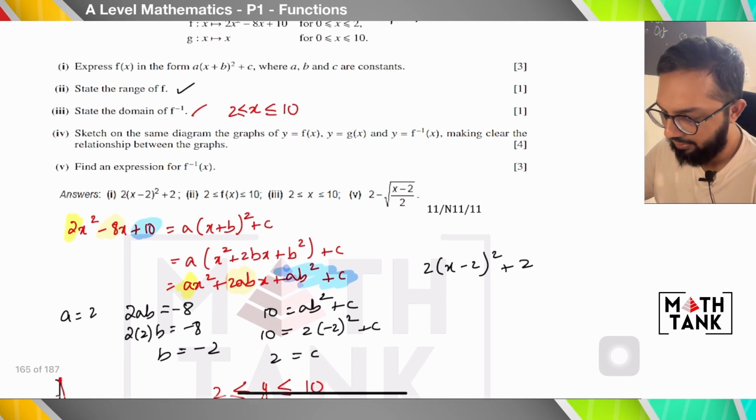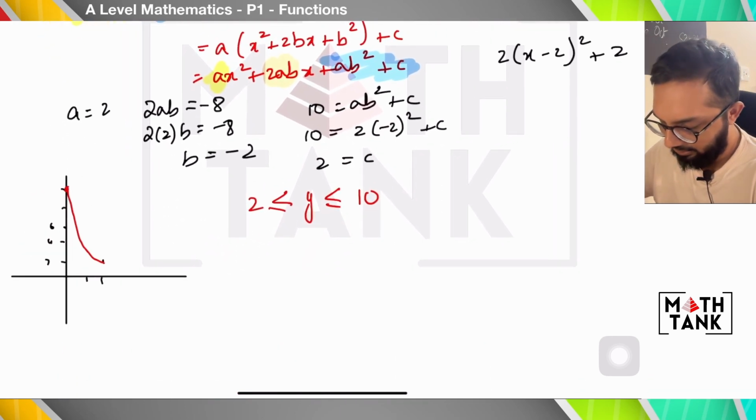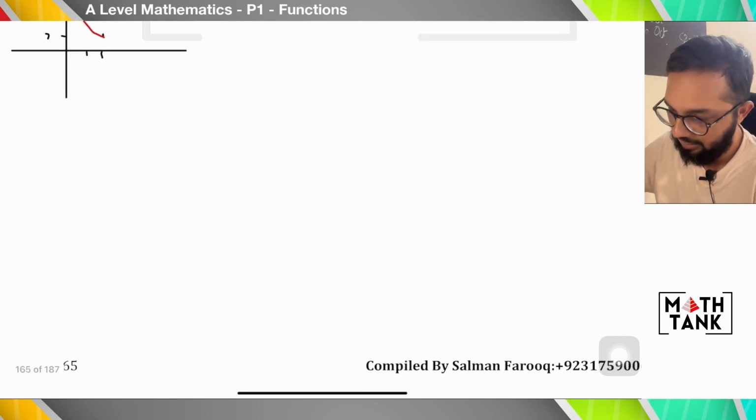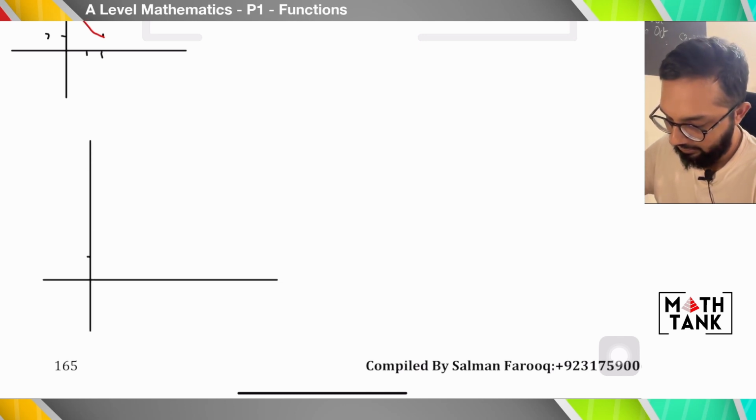Sketch on the same diagram the graph of f and f inverse, making clear the relationship. So I think that is simple now. I can draw this again, and this time let's draw a slightly larger graph because I am going to need these values. So 2, 4, 6, 8, 10, and 2, 4, 6, 8, 10.